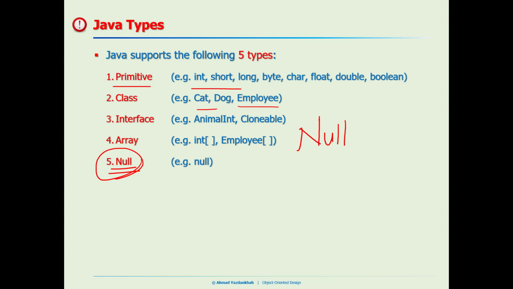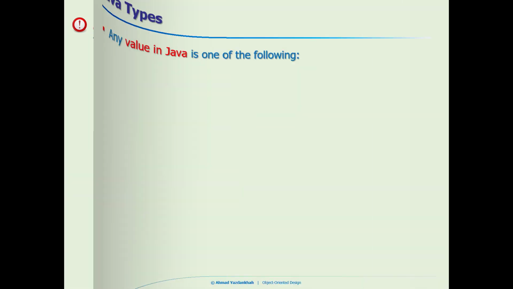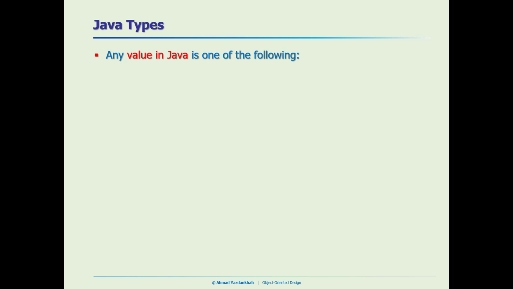Okay, so probably you're asking why, where was this? Yeah, there is. Because the point is when we have a value in Java, every value needs a type, okay? And null is a value, right? So it needs a type, okay?